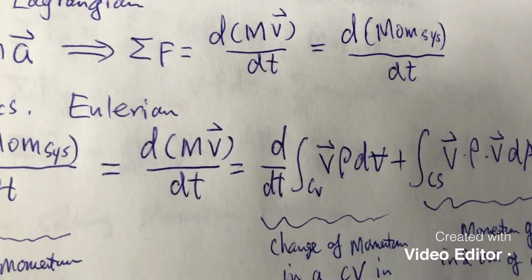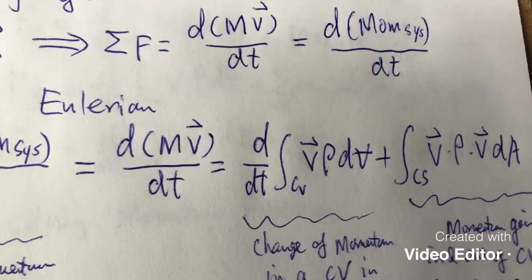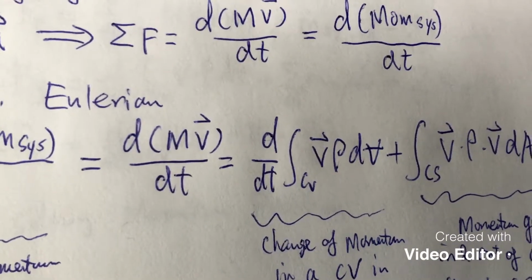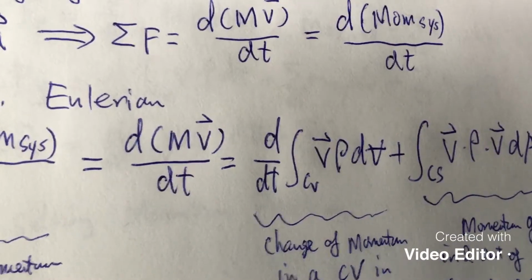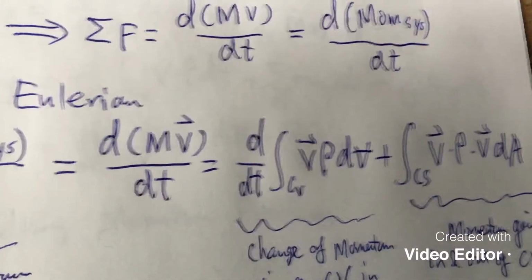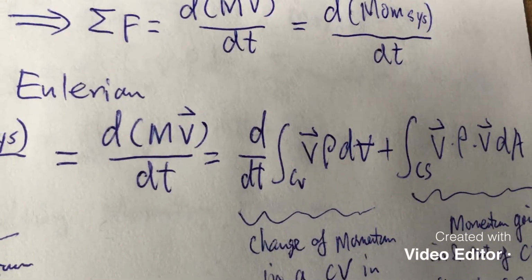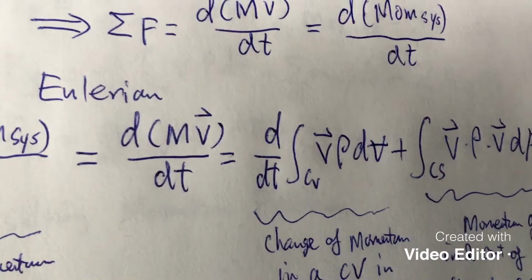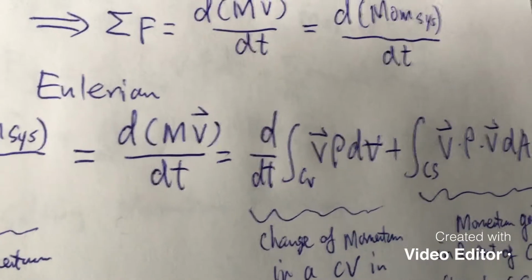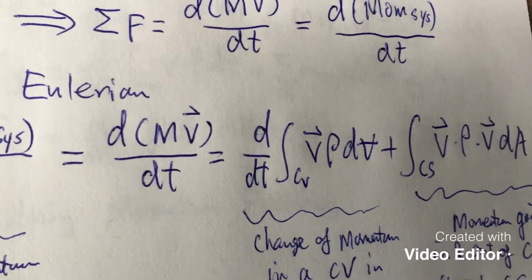So the d momentum over dt is equal to d over dt of the integration of velocity times density over the entire control volume, plus the flux through the control surface, the integral of velocity times rho v dA. Remember, similar to the conservation of mass equation, the integral of rho v dA is the mass flow rate.